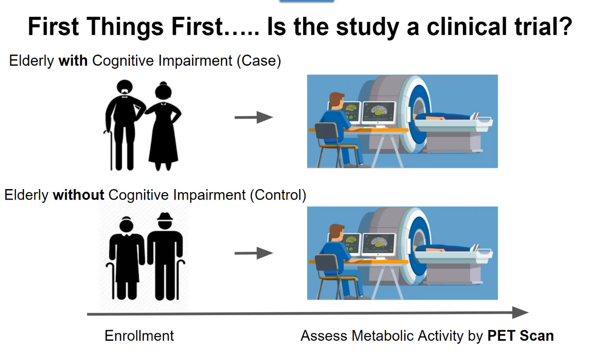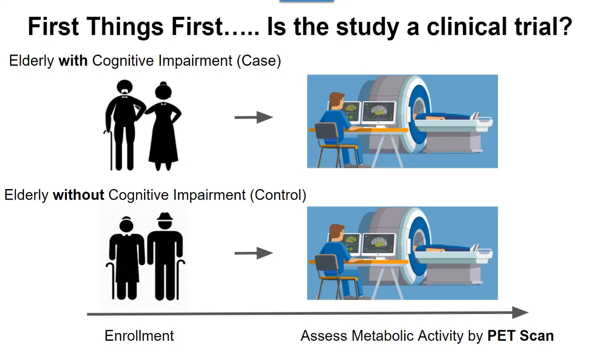So in this example, PET scan is probably considered a more than minimum risk research-specific procedure, but it is not an intervention, right? Because having a PET scan or not does not change the health outcome or change the course of patient care.